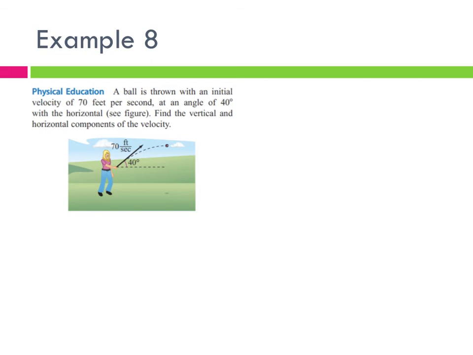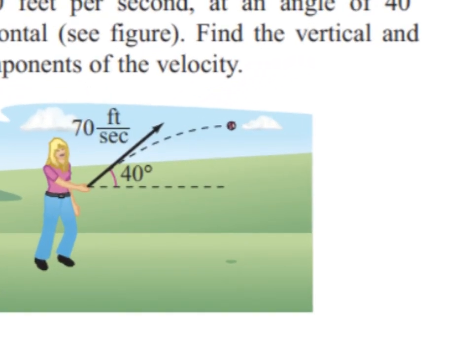So here's some word problems, stuff like that too. We're going to get into force for a little bit, okay? This is what vectors are used for. So it says a ball is thrown with initial velocity of 70 feet per second at an angle of 40 degrees with the horizontal, see the figure. Find the vertical and the horizontal components of the velocity. So they literally give you a little picture, okay?